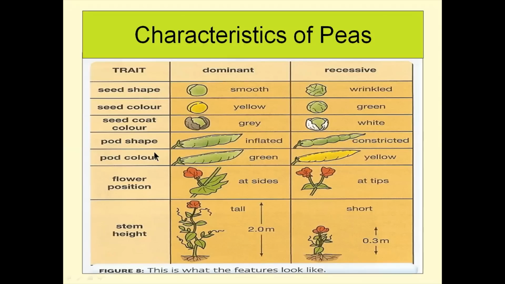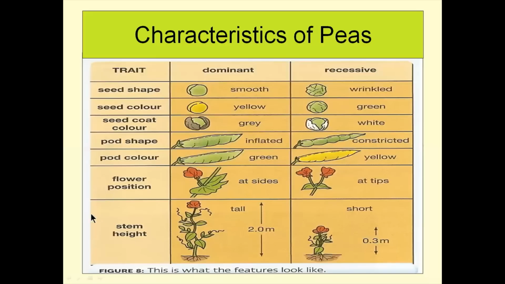Pod color, green is dominant over yellow pod color. For flower position, when the position of the flower is at the side of the plant, this trait is dominant over the position when the flower is positioned at the tips of the plant.